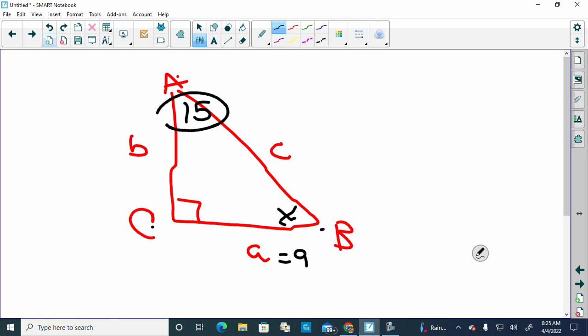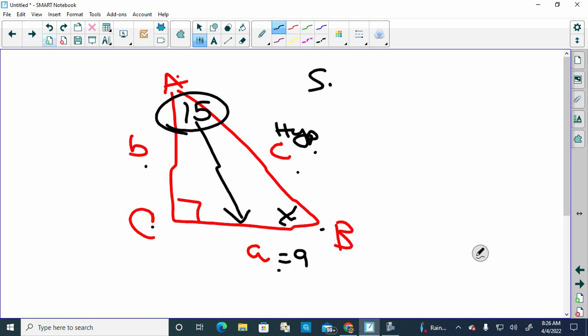So they gave you this one, and in relationship to this one, this side is called the opposite. It doesn't matter, you can choose to start with this one or this one. If I decided to go with this one, this is called the hypotenuse. So if I'm finding this and this, this is opposite, this is hypotenuse, which one are you going to use? Sine.